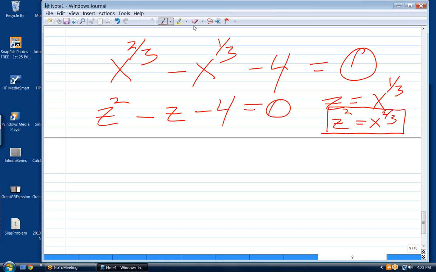Now this one doesn't factor. We'll use the quadratic formula on it. What is Z equal to?